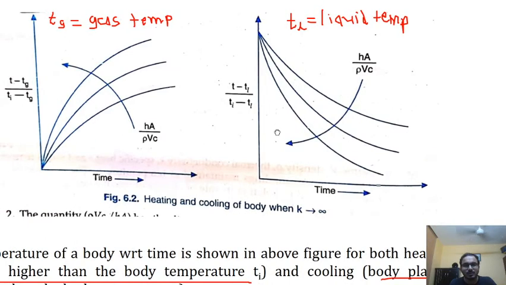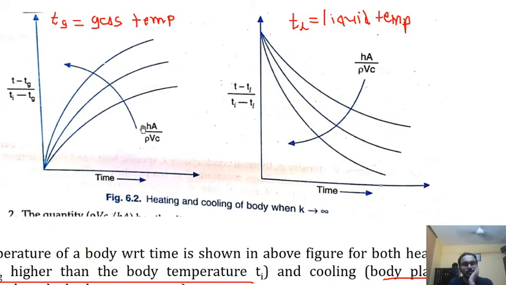So first we will focus on heating of the body when k tends to infinity. On the y-axis we have the temperature profile, and on the x-axis we have the time. Now if you see carefully, here we have put the metal in an environment at a higher temperature, that is the gas temperature. So we have put the metal in the gas, and that's why the temperature of our body will keep on increasing.